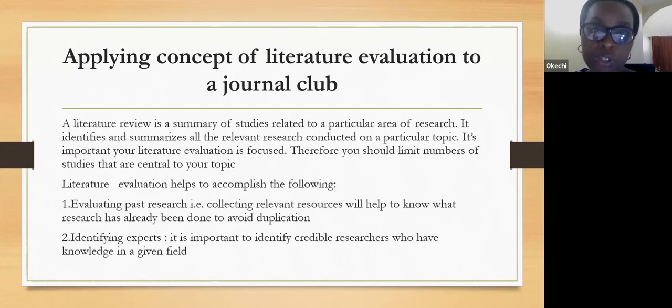So literature evaluation will involve you reviewing the literature, evaluating past research, like we've said, and identifying experts. It's necessary to identify credible, notable researchers who have done research in a particular field. And then, of course, taking them from notable sites like PubMed, with peer-reviewed articles that you have very reliable information from. Let's go to the next slide.